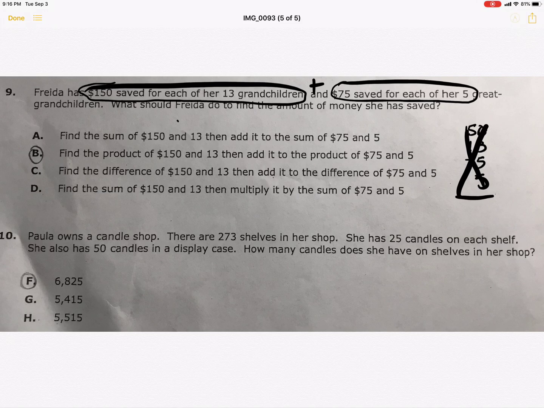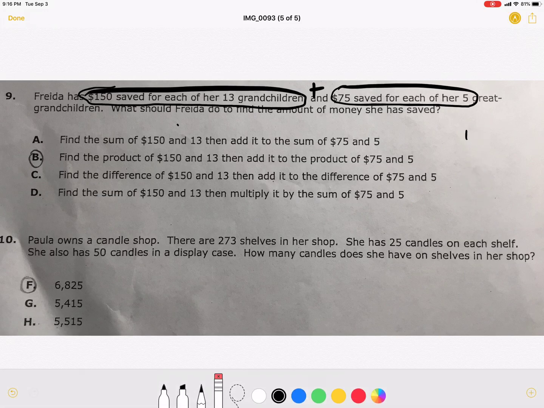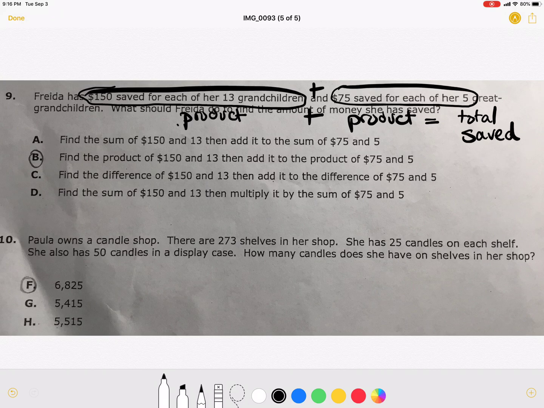It is more like what we need to do is find two products and add them together, because we're multiplying. So this is a product plus a product equals total saved. So let's look for those key words. Find the sum of 150? No. Find the difference? Well, we're not subtracting anything. We're not dividing anything. Find the sum, again, not a correct answer.